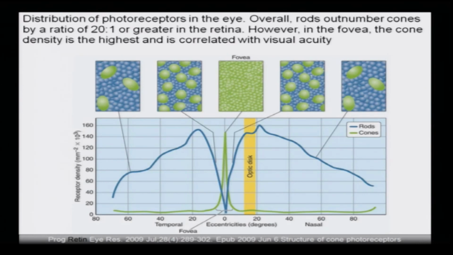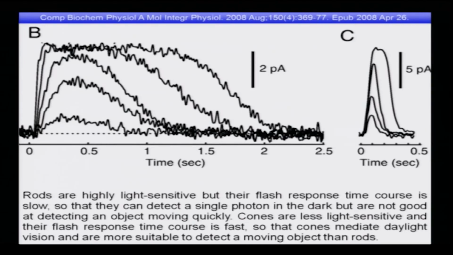Now moving on to the different kinds of currents which are being measured. This is from Comparative Biochemistry and Physiology Part A, Molecular and Integrative Physiology, 2008. Please go through this.